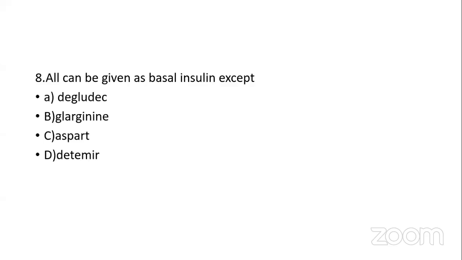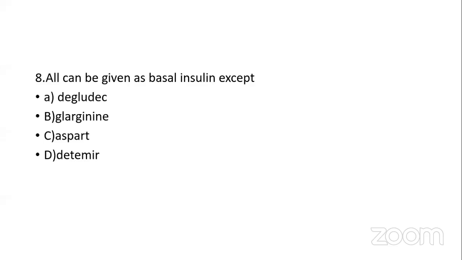Each time he eats, morning, afternoon, night, the sugars are going to increase after his meal. To cover that meal and prevent hyperglycemia immediately post-meal, you have to give a bolus dose of insulin, and bolus doses are usually given with short-acting or rapid-acting insulins. Whereas for basal doses, you give an intermediate-acting or a long-acting insulin.